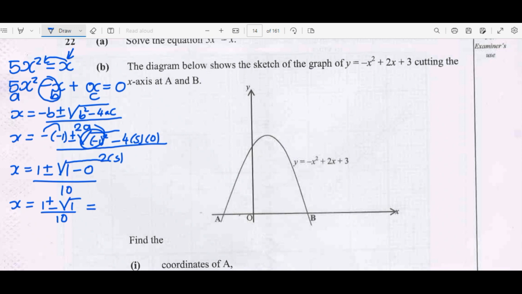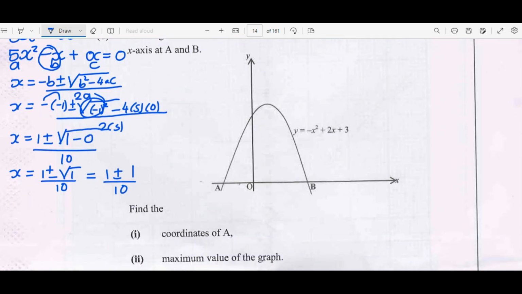The square root of 1 is 1, so 1 plus or minus 1 over 10. Then we split this into two equations. One we have x is equal to 1 plus 1 over 10, then the other one will be x is equal to 1 minus 1 over 10.